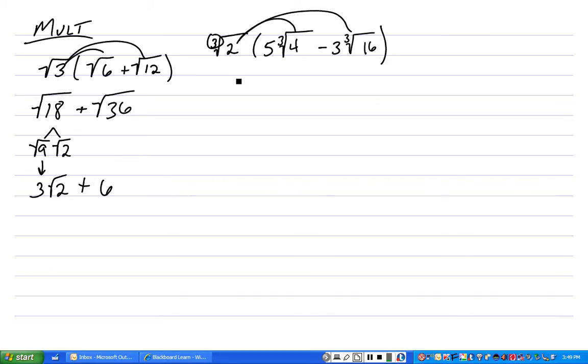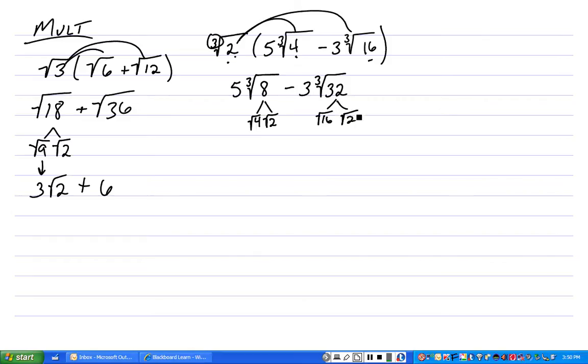What I'd be looking at is 5 cube root of 8, because 2 times 4 is 8, minus 3 cube root of 32, because 2 times 16 is 32. Now 8 is 4 and 2, and 32 is 16 and 2.